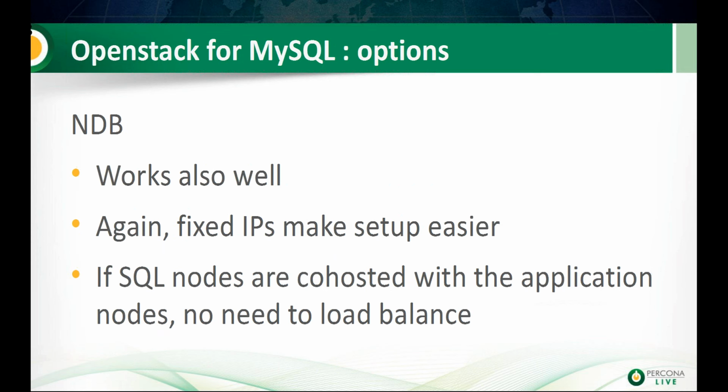So you have the application, and MySQL runs on the same node. The application connects to 127.0.0.1, talks to the local MySQL that knows where the data nodes are, connects and gets the data. So that saves the load balancer part of the situation.